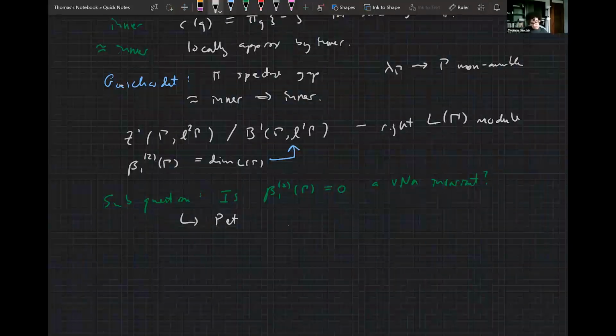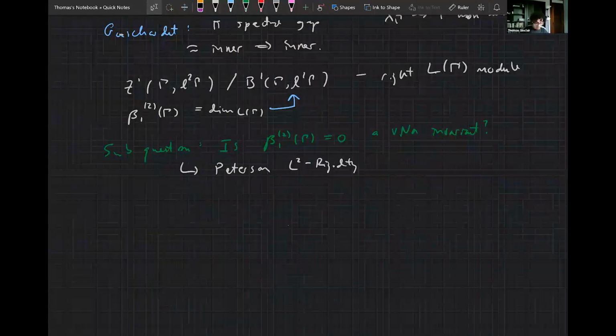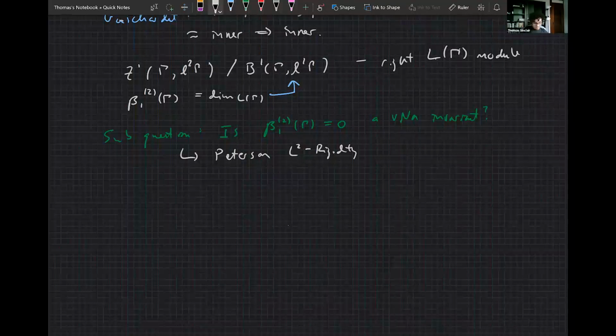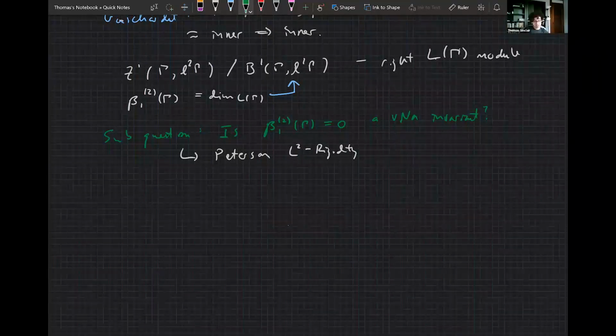Every group von Neumann algebra that's L2 rigid has vanishing Betti number, but the other direction is difficult, still pretty wide open. But that's a hard question, so you can find another sub-question that maybe is tractable and still interesting.